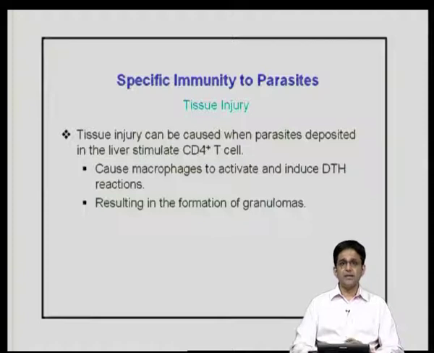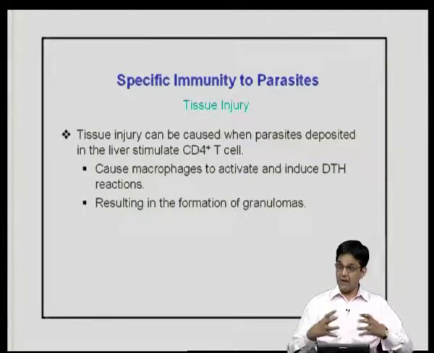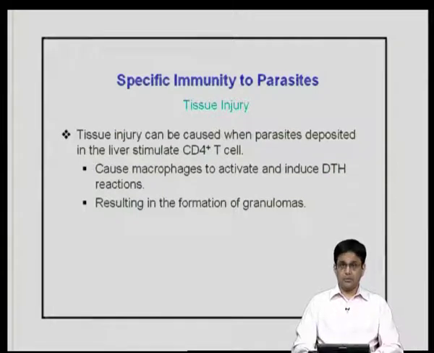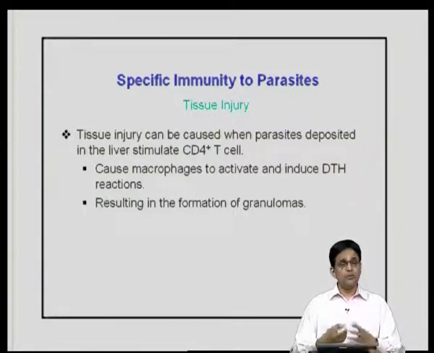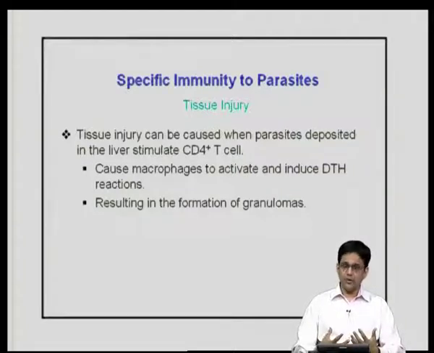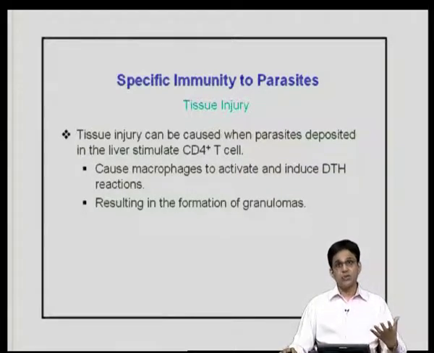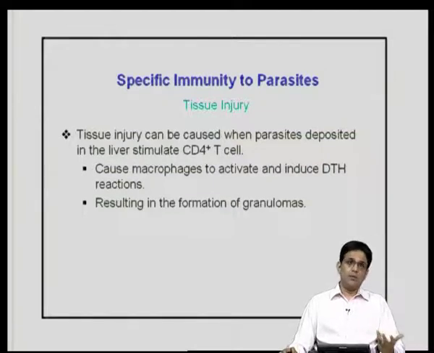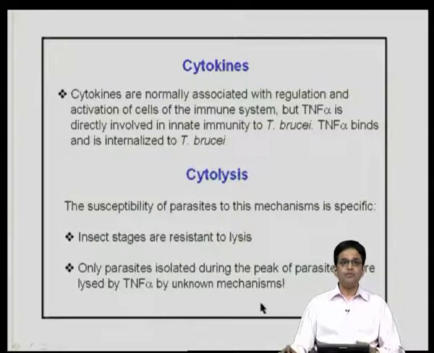One should also be careful that when you are generating these responses, it can lead to tissue injury, because macrophages can get activated and induce a delayed type hypersensitivity response, which may result in the formation of granulomas. The tubercles during infection with tuberculosis are actually granulomas, and they are a host response that causes host damage.